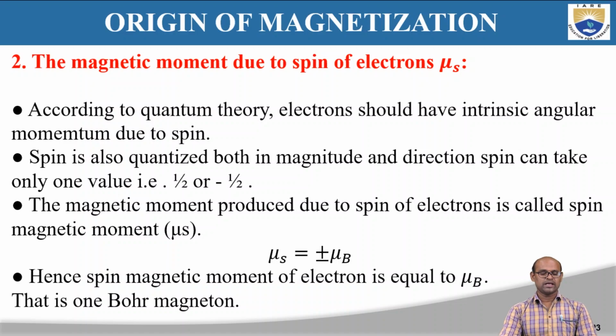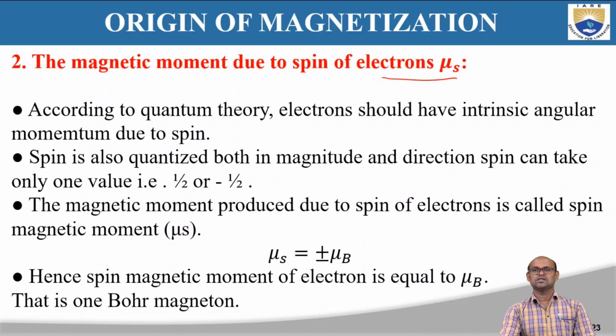The second origin or source of magnetization is the spin of the electron. I am denoting this by mu s, the magnetic dipole moment coming from the spin of electrons. According to quantum theory, electrons should have intrinsic angular momentum due to spin.